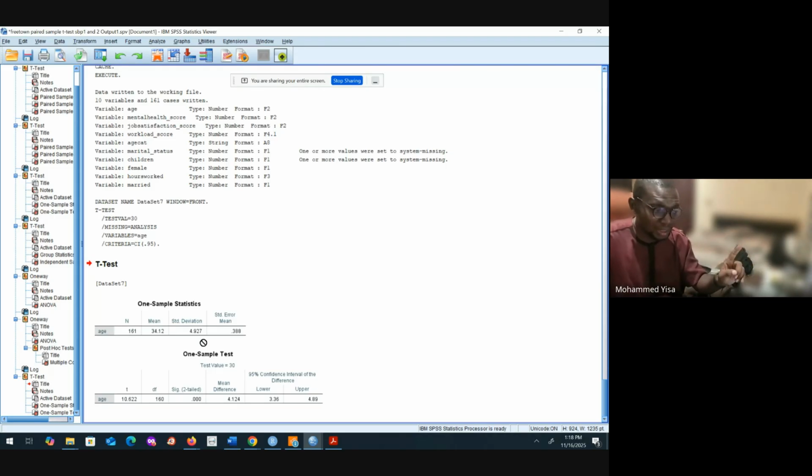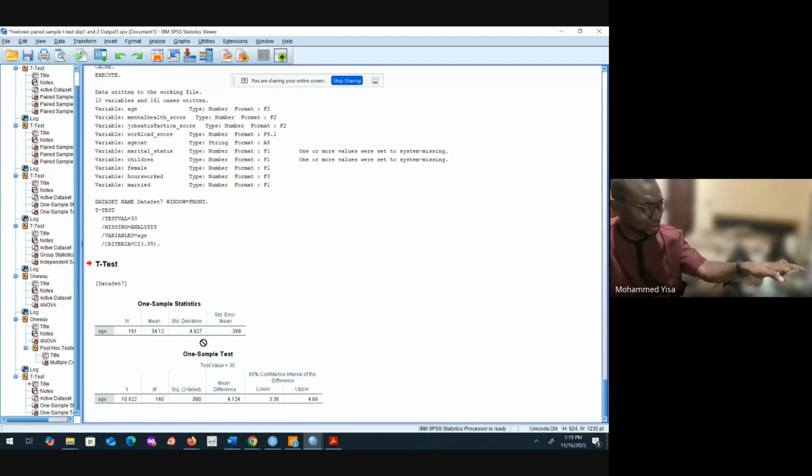It doesn't necessarily mean there are 161 resident doctors. You are the one who knows how many people you recruited. If you are expecting 170 and you are seeing 161 here, it means there's something wrong with some observations in your data set and you need to do some data cleaning. That's just by the way.